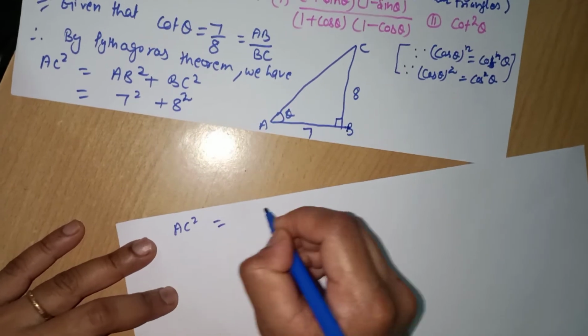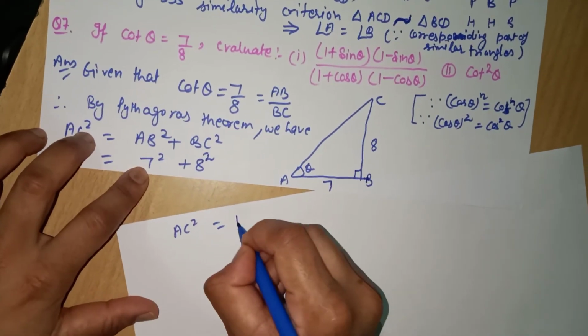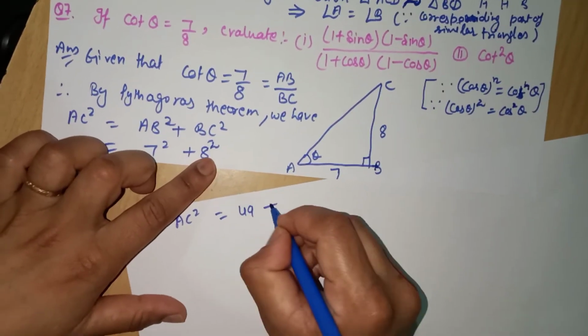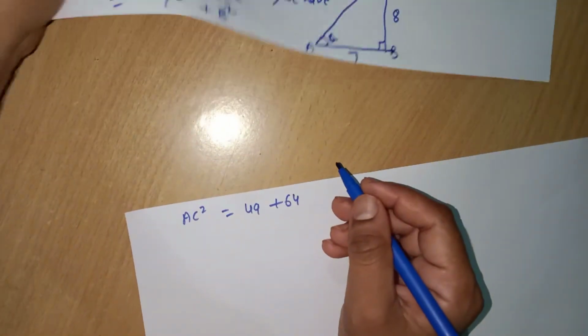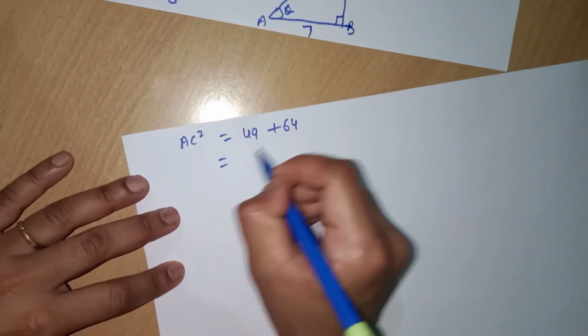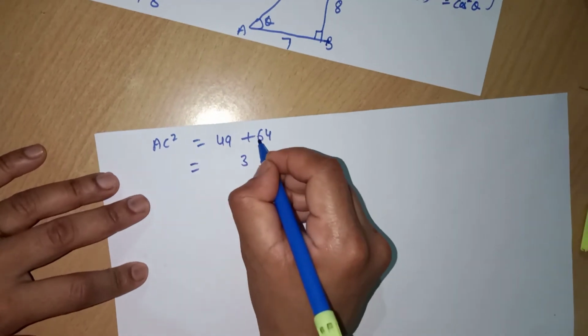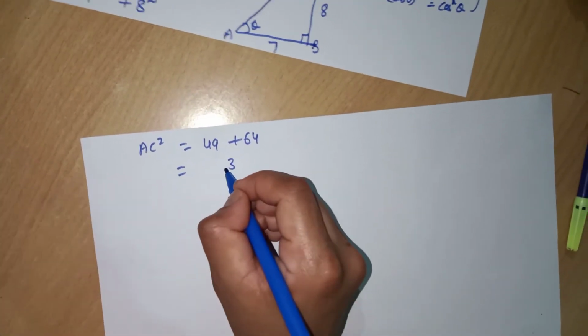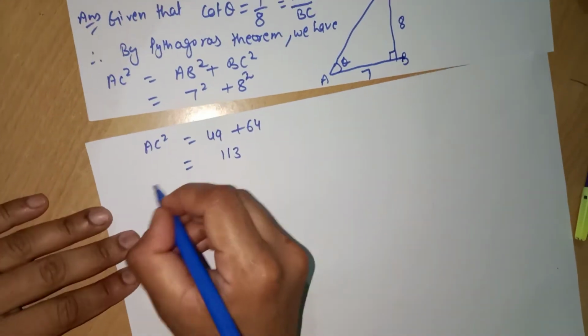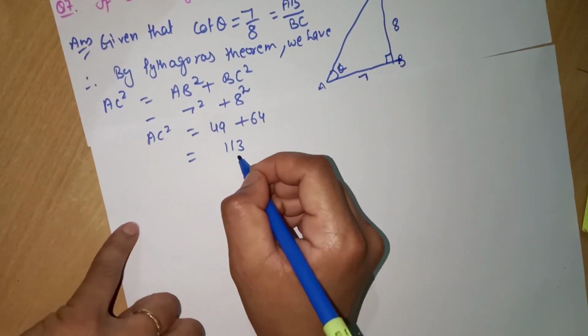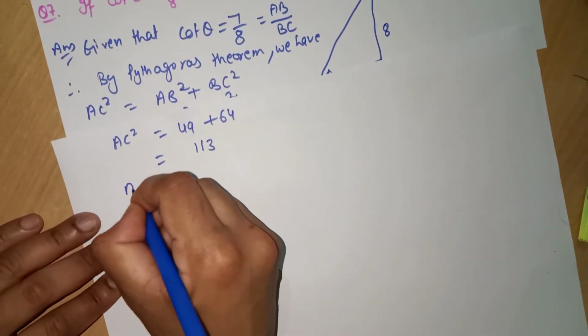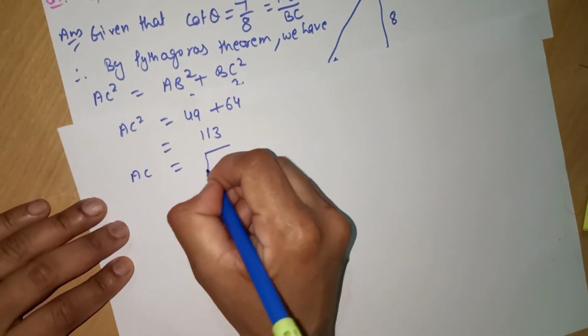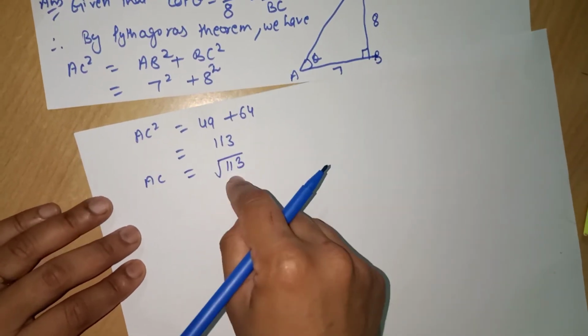Therefore AC square will be 7 square, which is 49, plus 8 square, which is 64. Now find the sum: 9 and 4 is 13, 6 and 4 is 10, 10 and 1 is 11. Now 113 is a non-perfect square number, so the value of AC will be square root of 113.